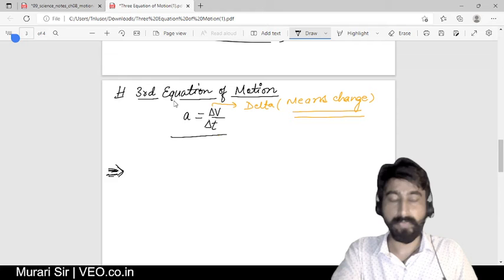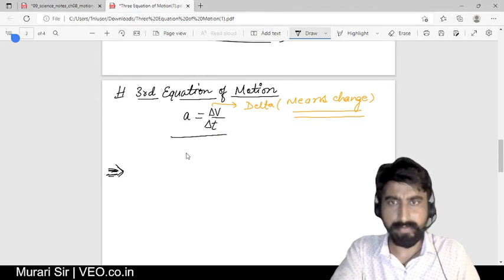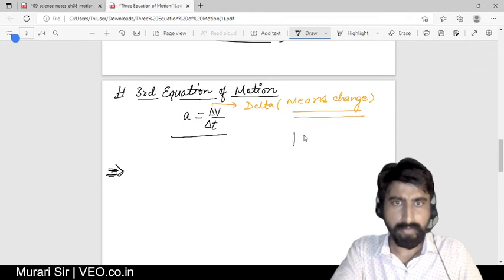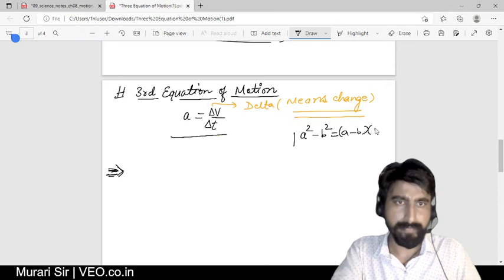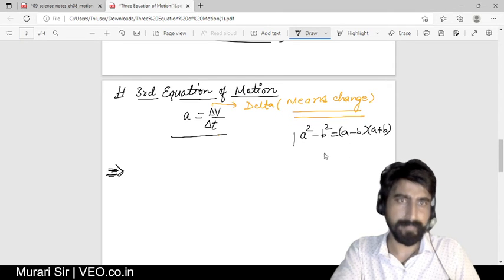Now, we have to understand that you already know that a square minus b square is equal to (a minus b)(a plus b).